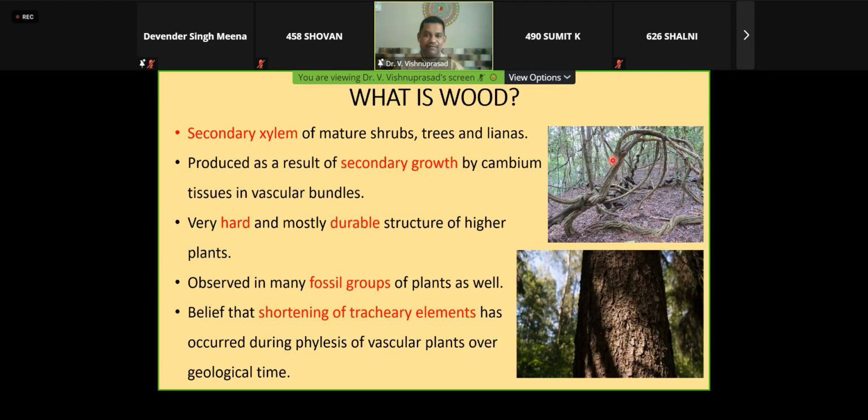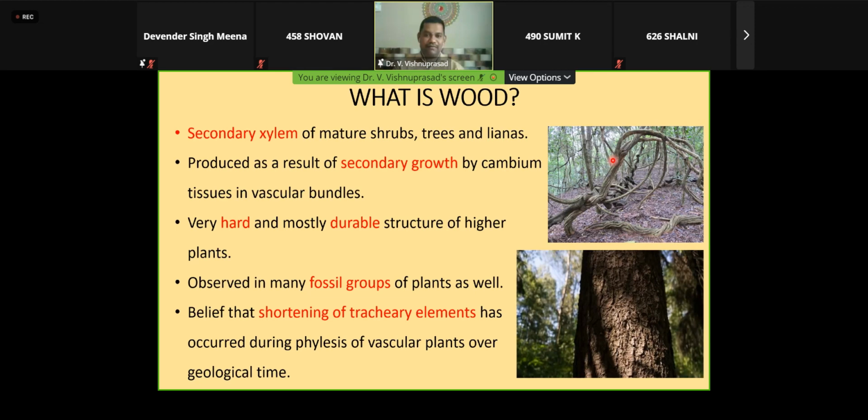Now this cambium has got meristematic activity. So when it has meristematic activity, what happens is it produces secondary xylem towards the inside and secondary phloem towards the outside. The one shown over here in yellow is the secondary xylem, and the one shown outside is the secondary phloem. So that's the technical word.